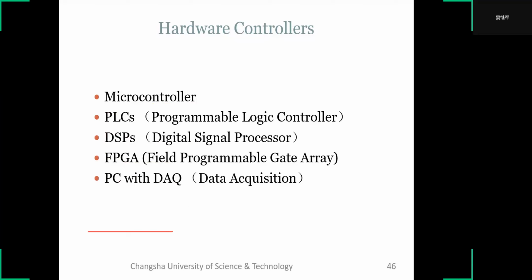Hardware controllers: the microcontroller, the PLC (programmable logic controller), DSP (digital signal processor), FPGA (field programmable gate array), and PC with DAQ (data acquisition).